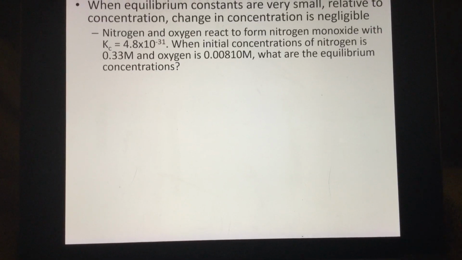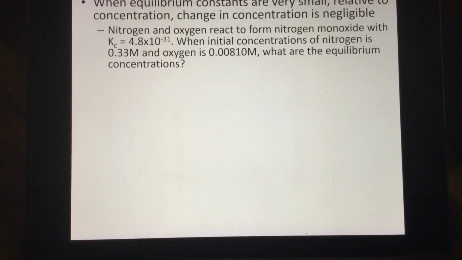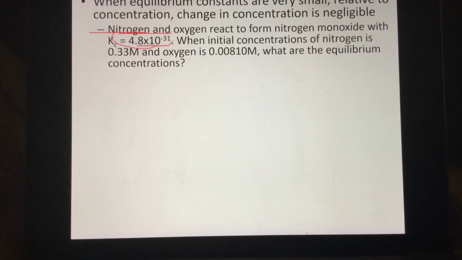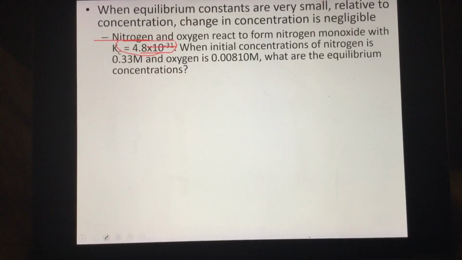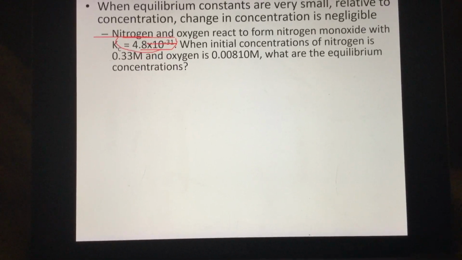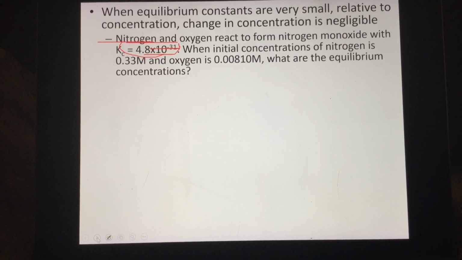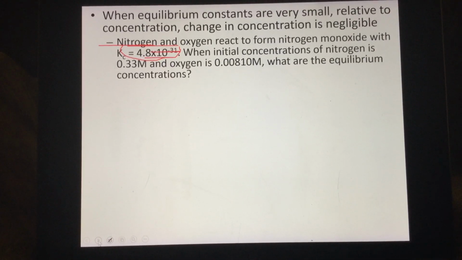So again, here we have nitrogen reacting with oxygen, forming nitrogen monoxide, and as you can see, this is a super small Kc, 4.8 times 10 to the negative 31st. And it gives us our initial concentrations of nitrogen of 0.33 molar and oxygen of 0.0081 molar.